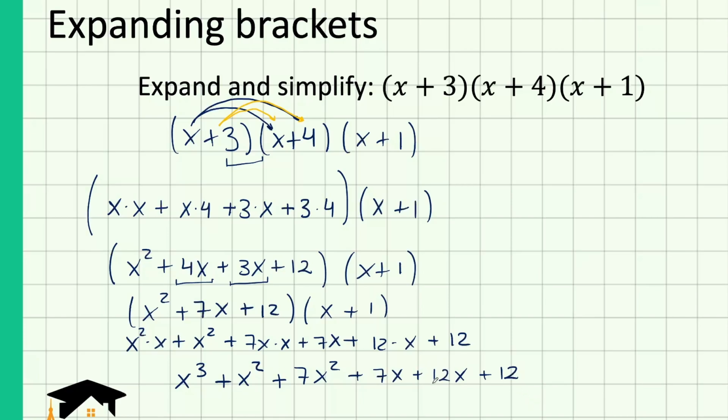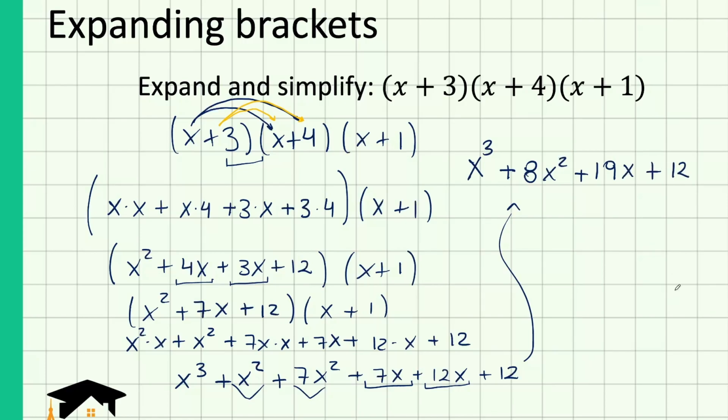Now putting together like terms, the only ones we have are 7x and 12x, and x squared and 7x squared. So let's do this here. We have x to the power 3 plus 8x squared plus 19x plus 12. And that is what this expression is equal to.